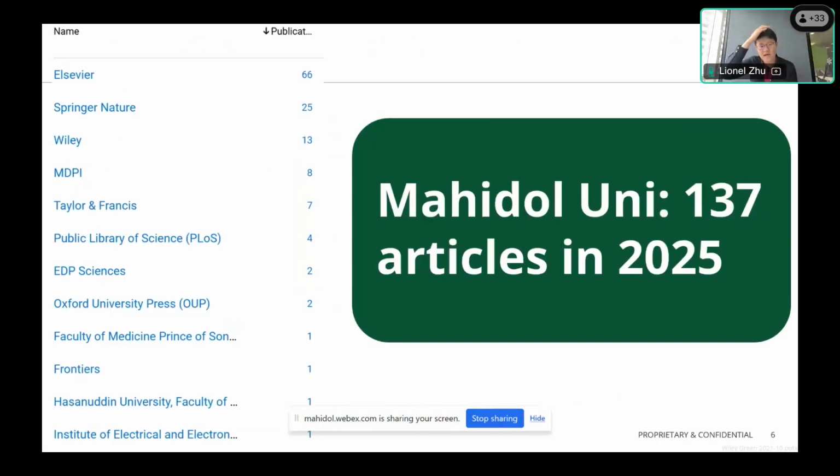Actually, yesterday I extracted some data from Web of Science. It shows Mahidol University published 137 articles last year in 2025. These were published in Elsevier, Springer Nature, Wiley, followed by MDPI, and so on. This is almost aligned with the background I just mentioned.